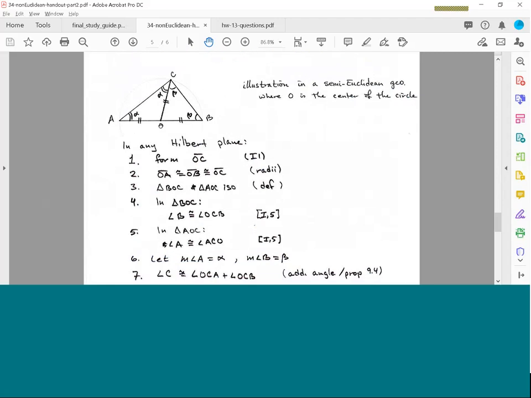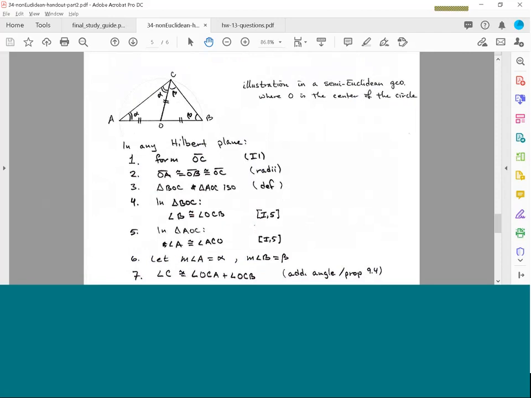And the reason for that is once we start looking at the degrees. So suppose we go ahead and label alpha to be the measure of angle A, or the degrees of angle A. Well, we know A and the left side of angle C up here are congruent. That means the measure of angle ACO is also alpha. I did not write that down, but that would be down here as well. And over here, we've got the angle B. We're going to have the measure of angle B to be beta degrees. And we already know angle B is congruent to BCO. So that means the measure of BCO is also beta.